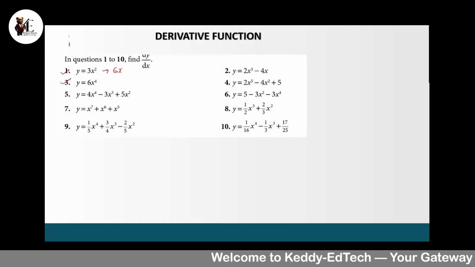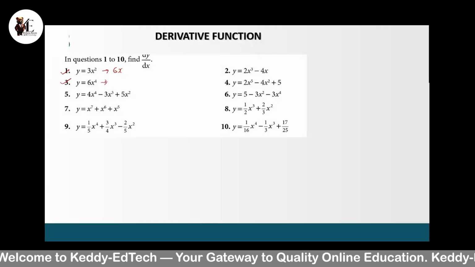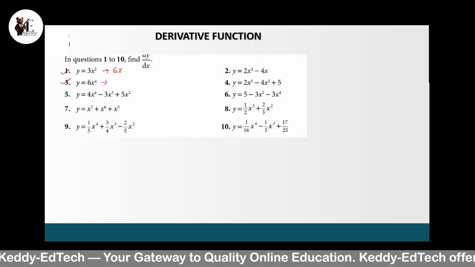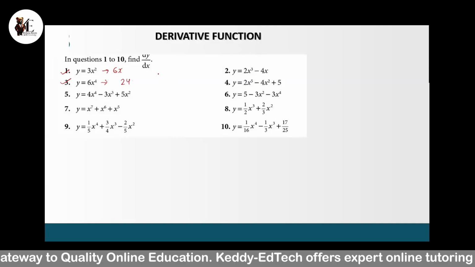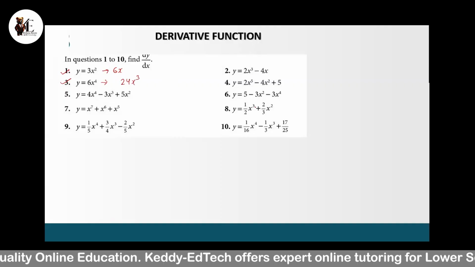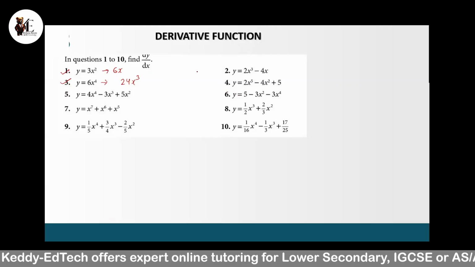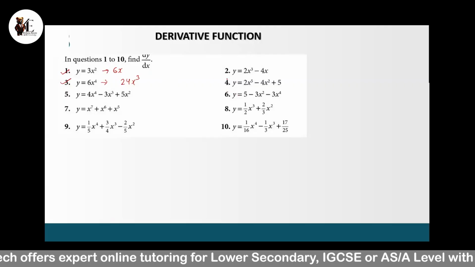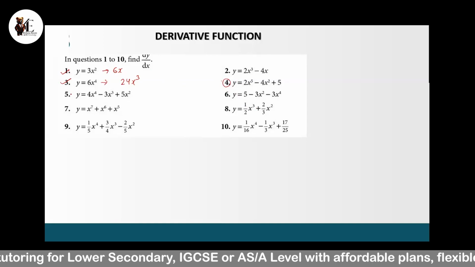And for the third one, I got 24x cubed. Okay, yes, both answers are correct. So now let's move to the questions in which there is more than one term, like question number 5. Please try question number 4 and 5.